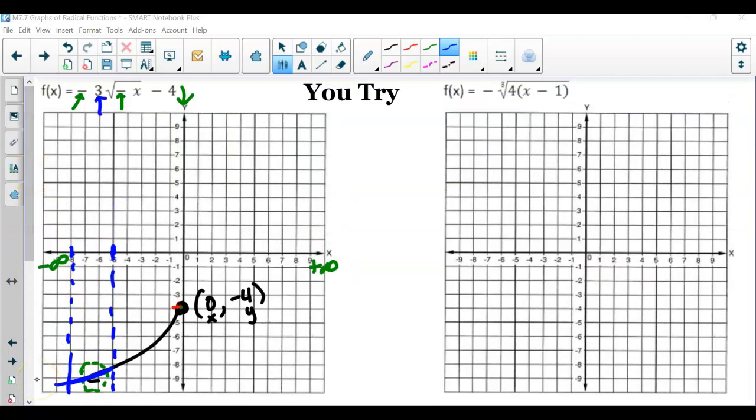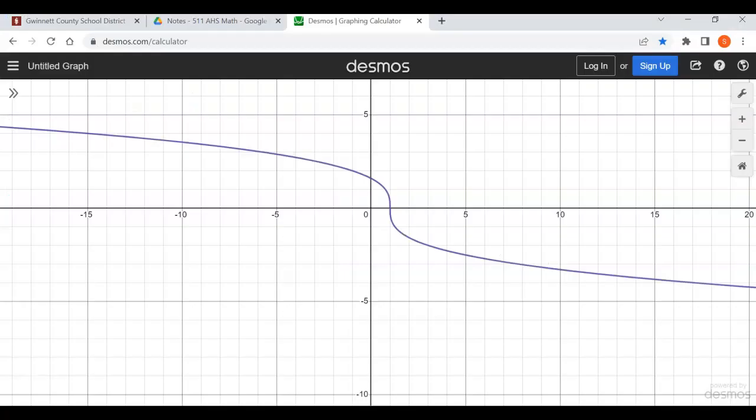Now let's check the second one you tried. Notice how your parent function was a cube root, so you should have graphed that full graph. So when you graph it, this is how it should have looked. Notice how that middle point now is not going through 0, 0, so it got moved to the right one here, so at 1, 0. So here I also noticed a couple other points, so I'll include them in my quick sketch, like here at -1, 2, and I also noticed this one here at 3, -2.